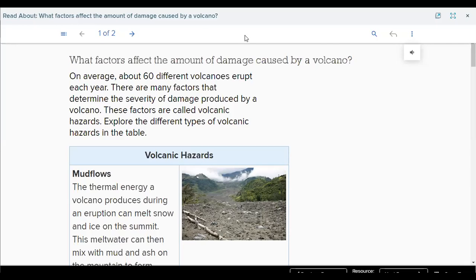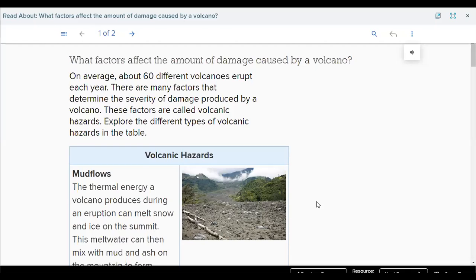So, what are the factors that affect the amount of damage caused by a volcano? Can you read the first paragraph? Of course. What factors affect the amount of damage caused by a volcano? On average, about 16 different volcanoes erupt each year.